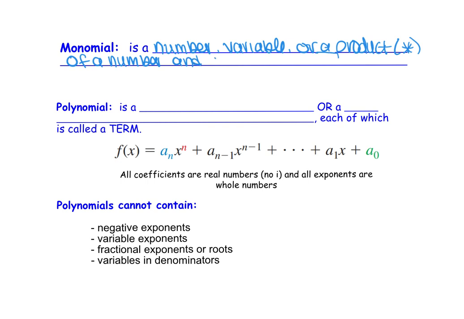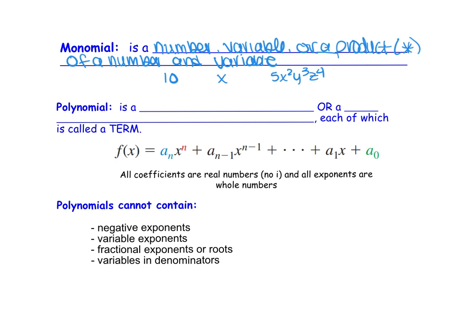So that's what those are at a very basic level. So that means a monomial could be something like 10, or something like x, or something like 5x squared, y to the third, z to the fourth, because that's a product or a multiplication problem made up of numbers and variables. So that's what a monomial is on a basic level.